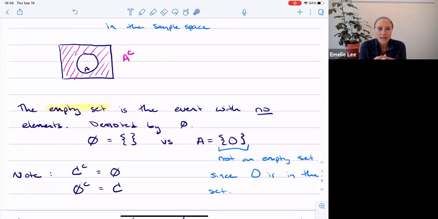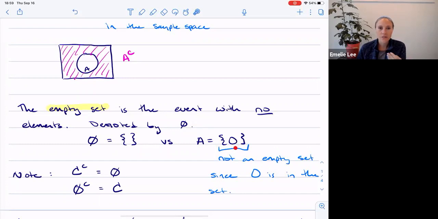And so I talked about, well, if you have the set with 0, even though 0 means nothing, the number 0 is something, and so 0 is not empty.